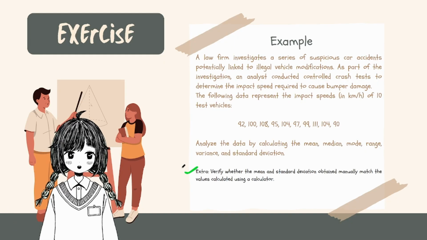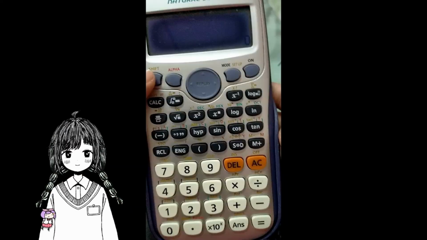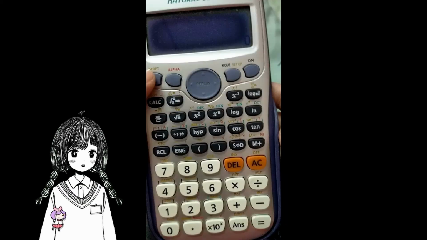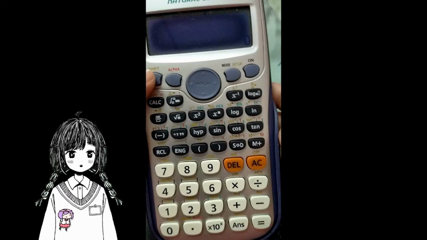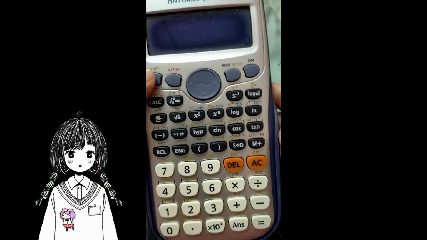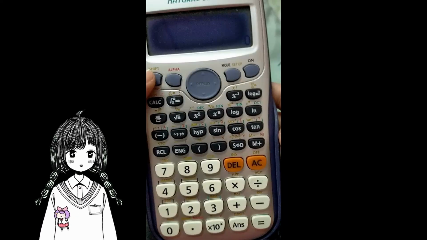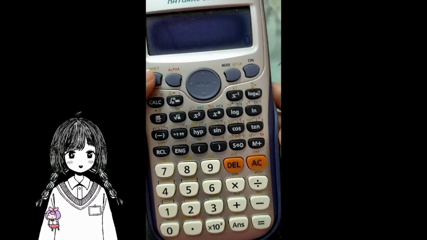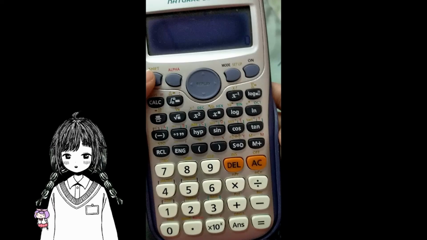So this is like a safety measure, so you can check if your answer is correct or not. This is how we use the calculator. I'm using what I have, which is the 570 ES model. It may be different for you if you're using a Casio 570EX, which you can easily find a tutorial for on YouTube.